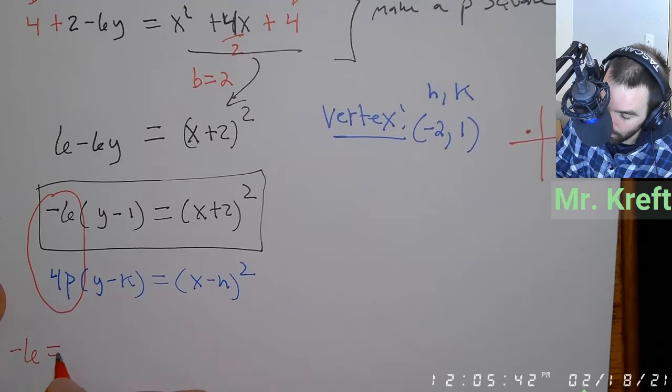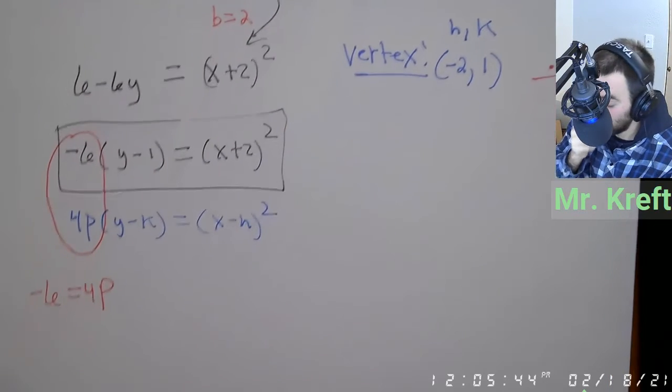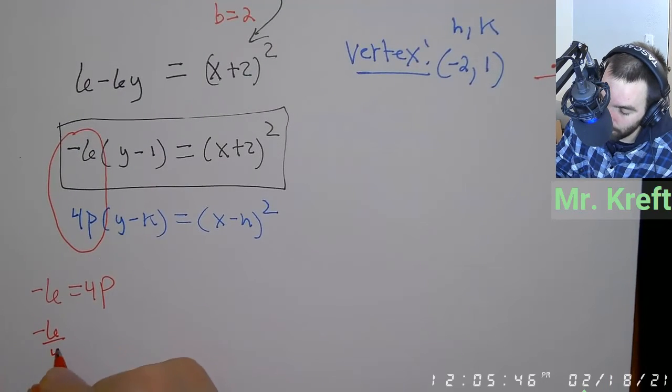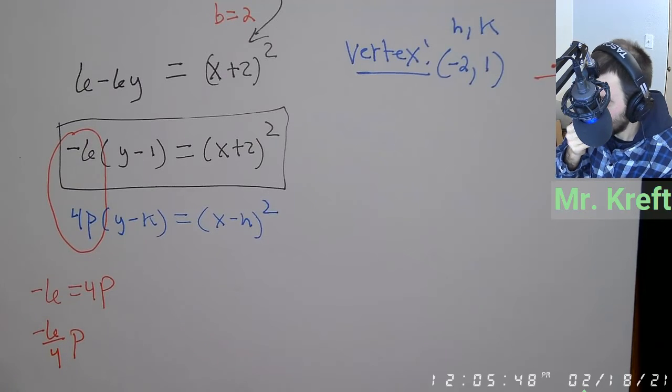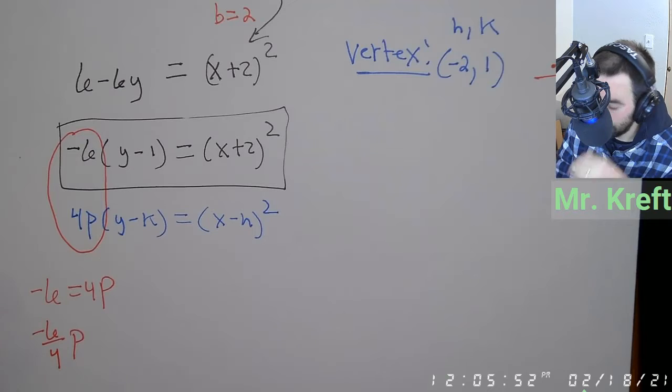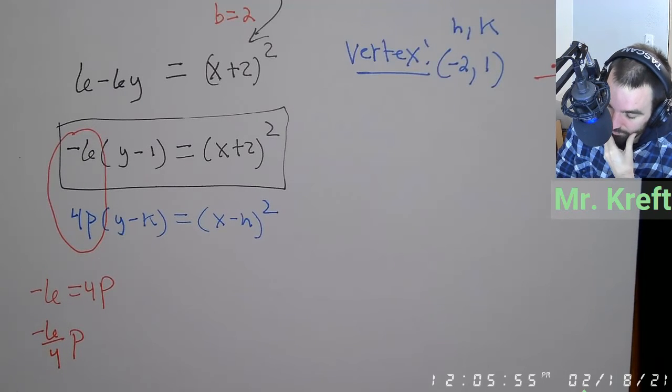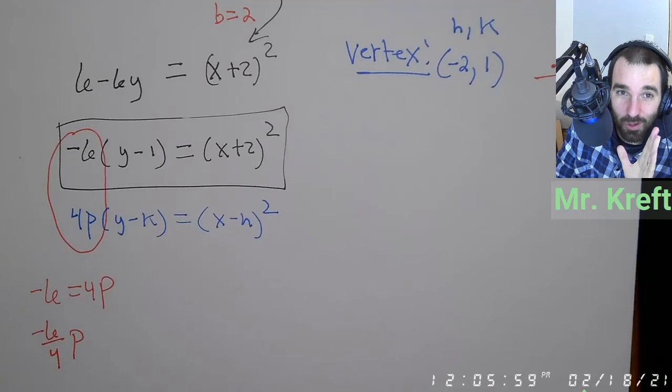Now let's find my p. Negative 6 equals 4p, so p is negative 6/4. You don't want to reduce here, because if you reduce, you're losing it.